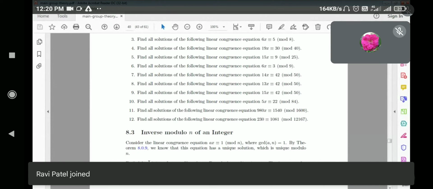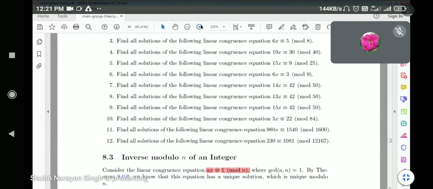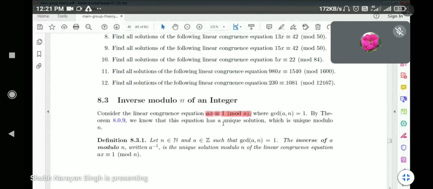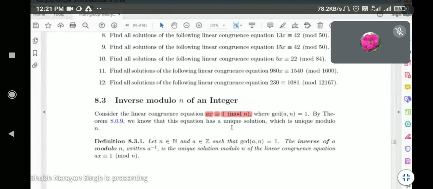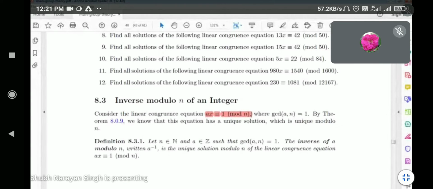In particular, if you consider the equation ax congruent to 1 modulo n, here b is a particular case, b equal to 1. If GCD of a and n equals 1, then 1 divides 1, so that means this equation ax congruent to 1 modulo n has a solution.